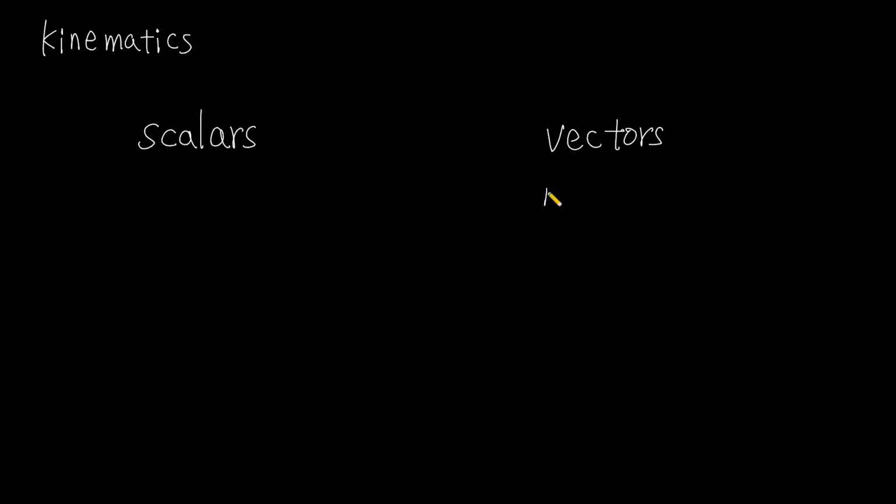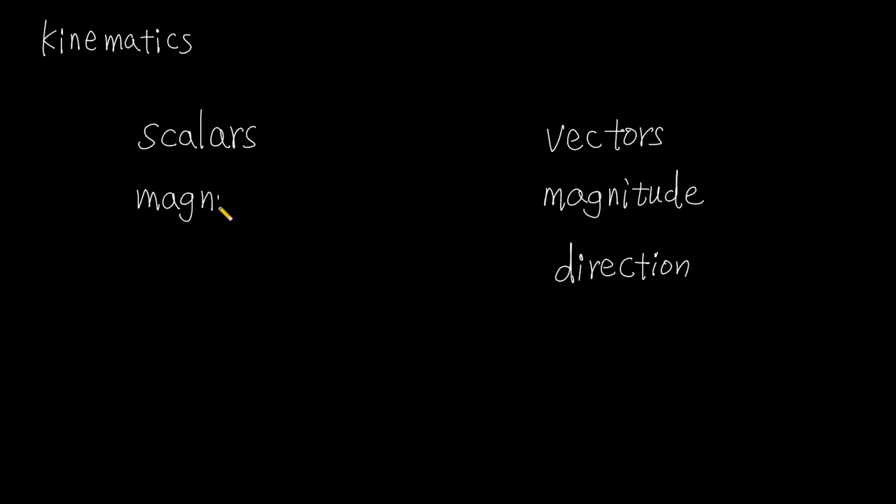One is magnitude, and the other is direction. So scalars have one component, its magnitude. But vectors have two components.